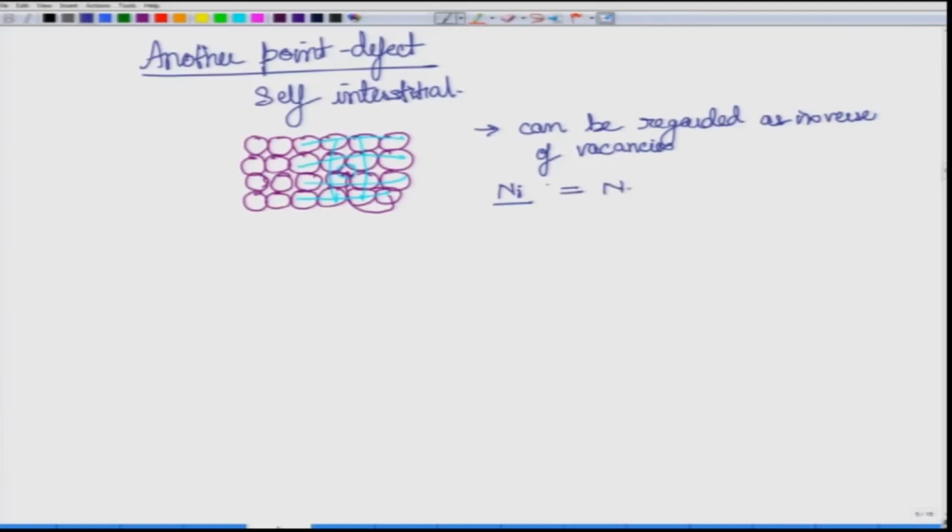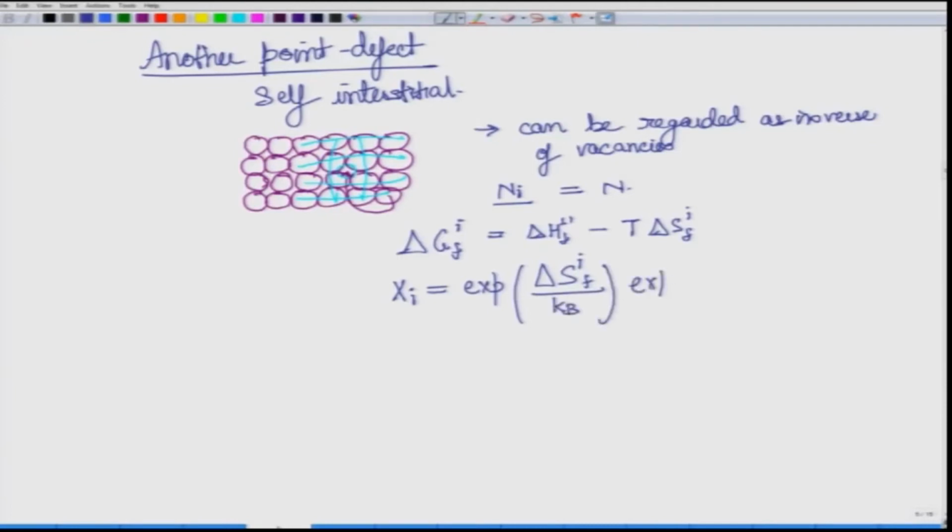Only in that case we can directly use the relation that we have obtained for vacancies, and therefore, over here, if we write delta G formation for interstitial, it will become delta H F 1 I, just to represent that I am talking about one interstitial, minus T delta S formation I. Then Xi, the equilibrium concentration of interstitial, would be given by the exponential, the same relation, except that the entropy of formation and the enthalpy of formation would represent those for the self interstitial. So, this will become like this.